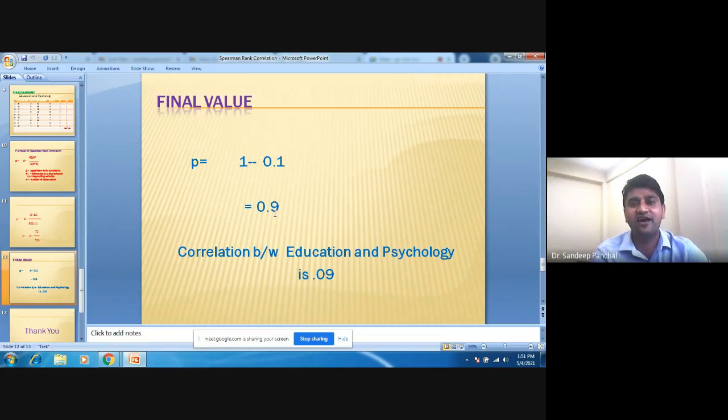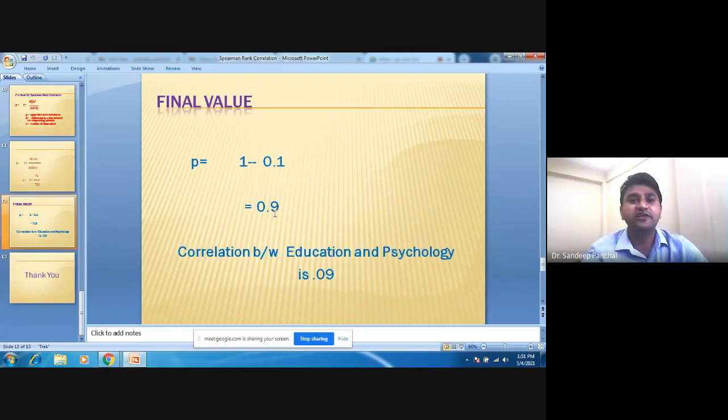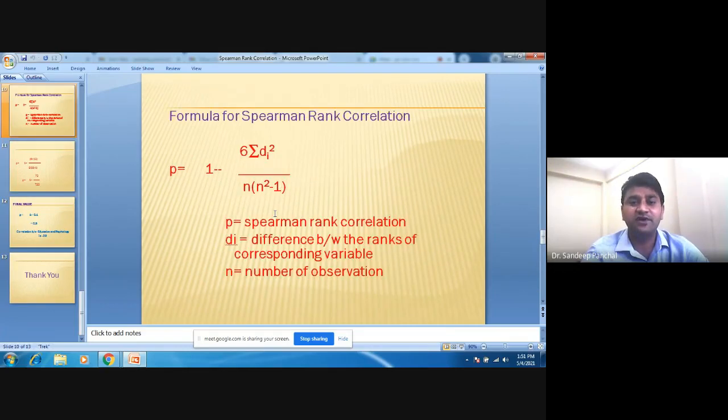Psychology ranks are high. Similarly, the education ranks are also high. So in this way, we can understand the Spearman rank correlation by applying the formula which has been mentioned in your slide. We can follow certain steps.